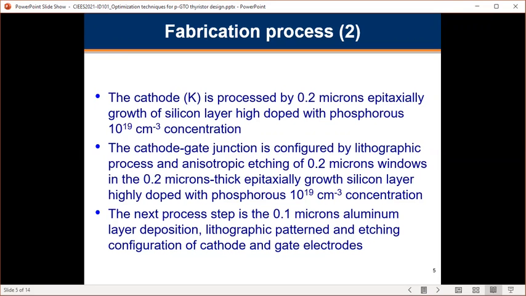We will see also the configuration for the cathode gate junction. And the next process step is aluminum layer deposition, patterned for cathode and gate electrodes.